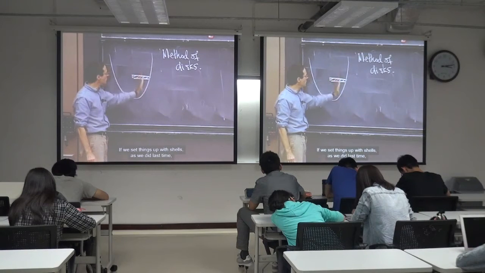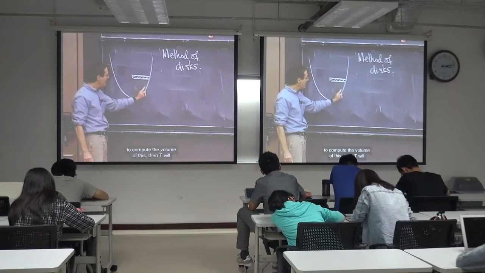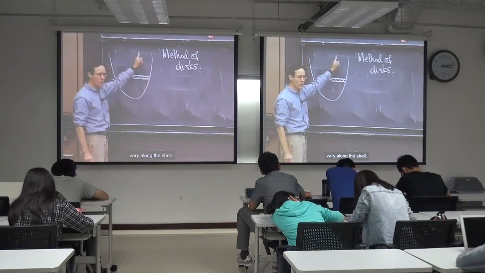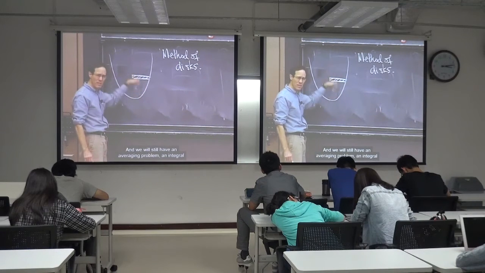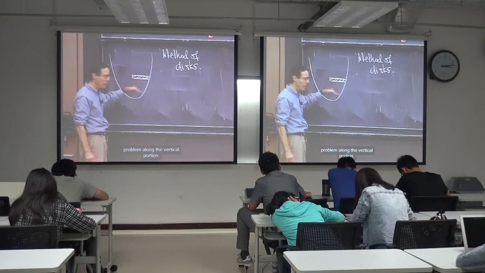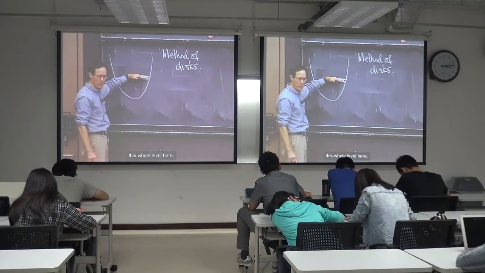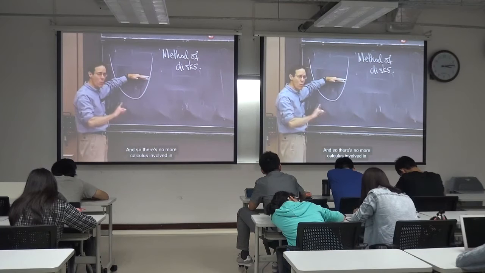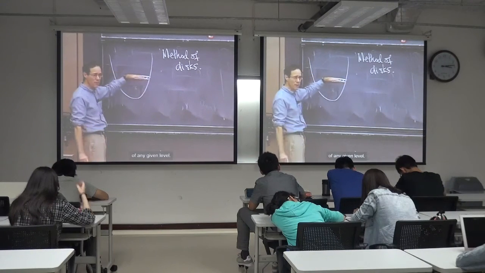If we set things up with shells, as we did last time to compute the volume, then T will vary along the shell. And we'll still have an averaging problem, an integral problem along the vertical portion. But if we do it this way, T is constant on this whole level here. And so there's no more calculus involved in calculating the contribution at any given level.